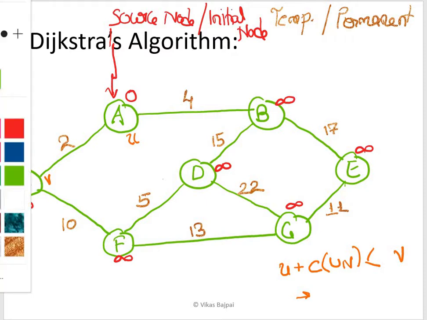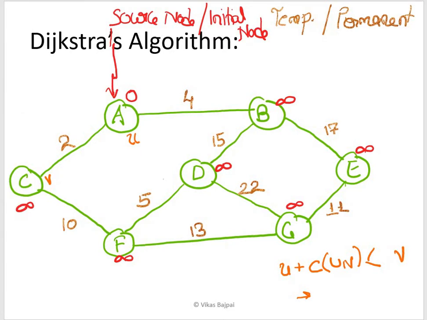So we know that in this particular case we have 0 here. Let's take this side. From this source we have two options, either move to B or to C, and right now we are updating these costs.